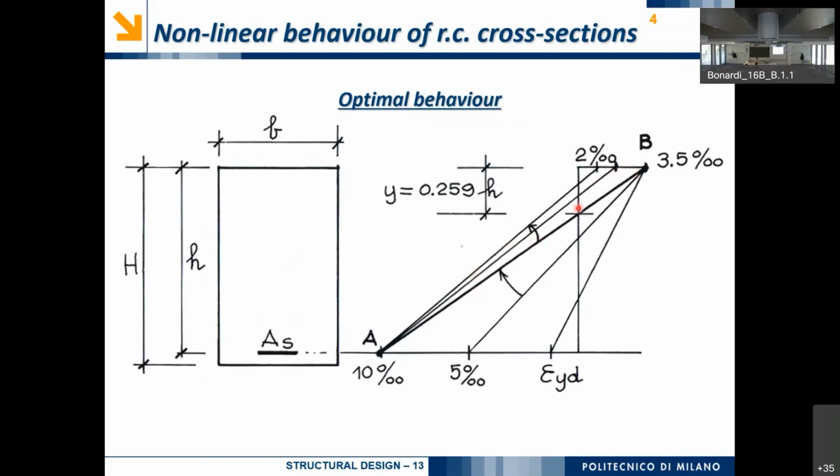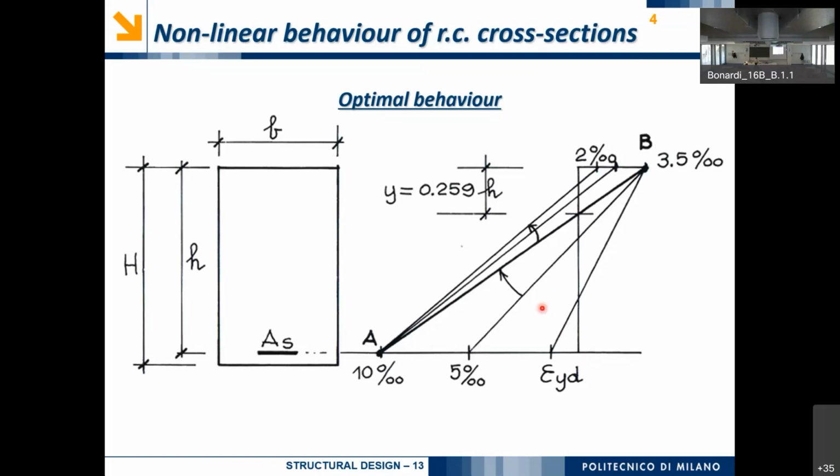But varying the value of the neutral axis, we can see that we have different scenarios. We can have the whole section under compression, and that will be associated to the pure compression behavior of the cross section.